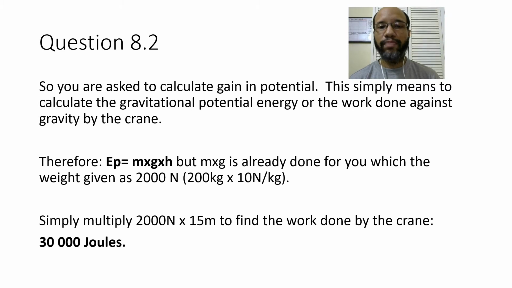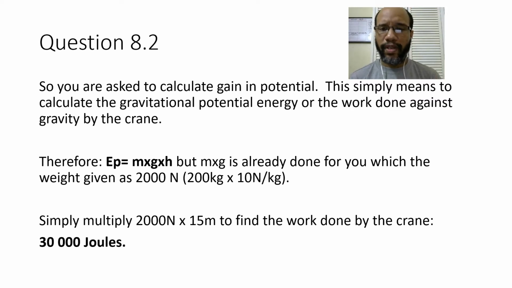Okay, so question 8.2 is focusing on a crane that is lifting some cement to a height of 15 meters. Let's look at what the question is saying here. It says that a crane lifts a load of cement weighing 2,000 newtons. Find the gain in potential energy by the load of cement when it is lifted by 15.0 meters.